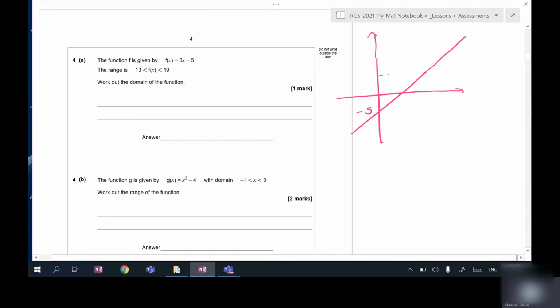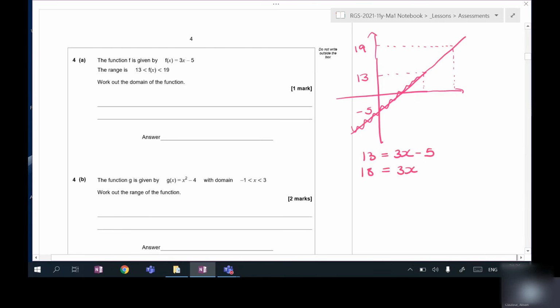13 to 19. So let's imagine 13 is this point here. Remember, the range is the set of y values it can take. Let's say 19 is there. So actually, I don't want any of this part of the graph. I just want the part from the y values 13 to 19. For my domain, I need to work out what the corresponding x values are as well. So if my y value is 13, I'm just going to solve this equation.